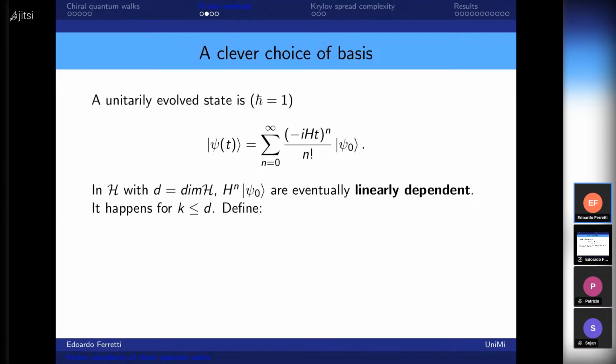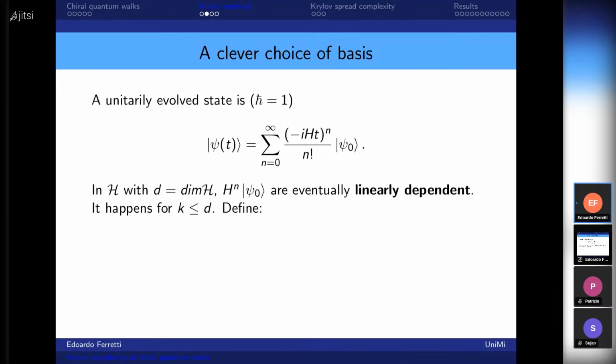So it happens for K, which might even be less than the dimension of the Hilbert space. Consider this trivial case. If psi 0 is an eigenstate of the Hamiltonian, then there's only one linearly independent term in this sum, which is psi 0. All the other ones are just psi 0 multiplied by powers of the eigenvalue.